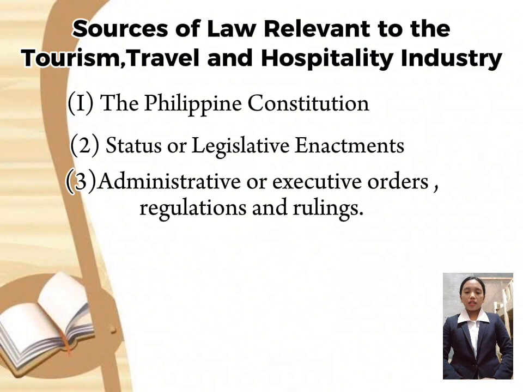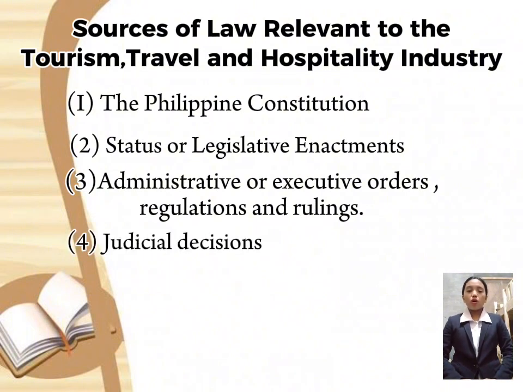Regulations are detailed rules crafted by specific agencies, and rulings are decisions made in response to individual cases. Together, they help ensure the effective and consistent application of laws and policies.